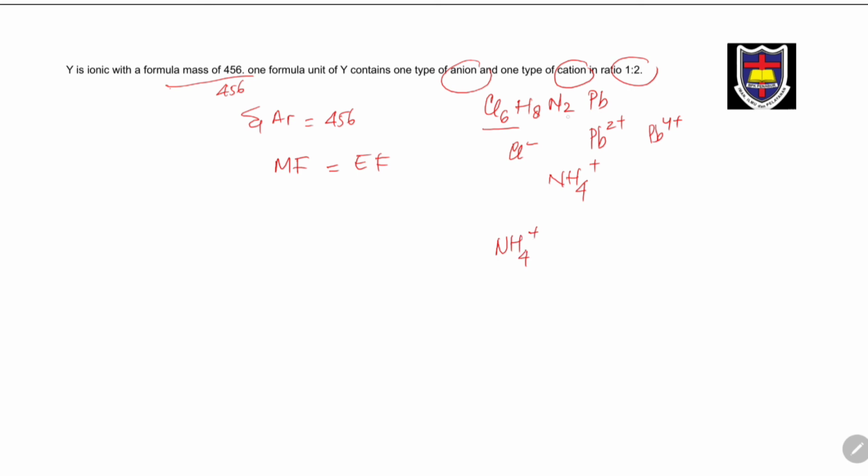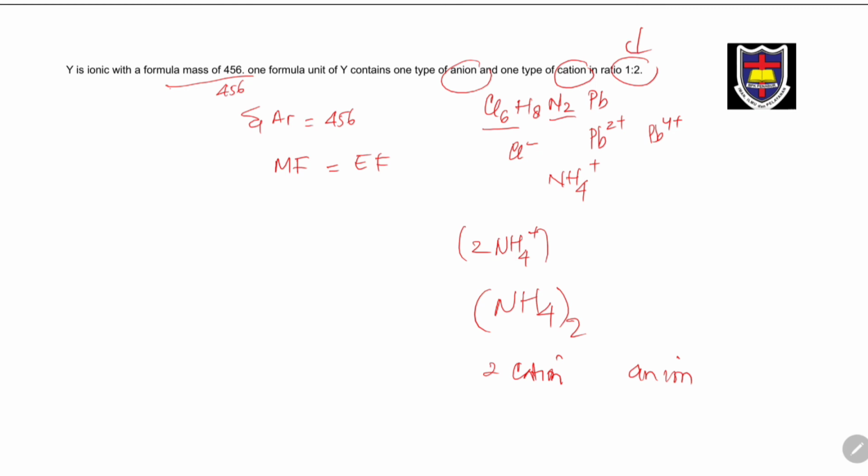Because the molecule has 2 N, there are 2 NH4 plus, so 2 cations. So the anion is 1 because this is the ratio.